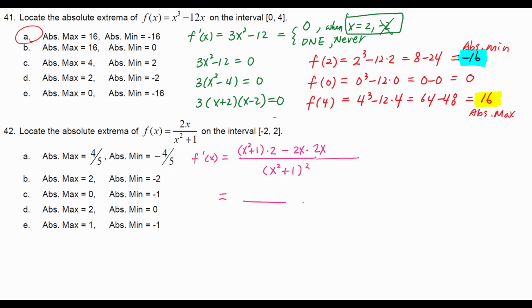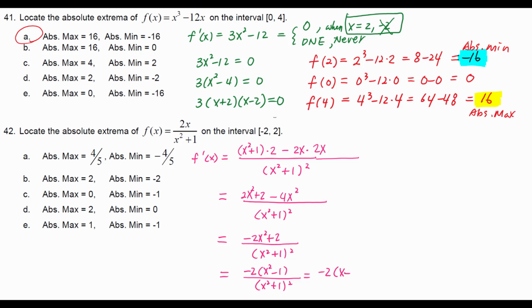Now simplify: I get 2x squared plus 2 minus 4x squared over x squared plus 1 squared, which is equal to negative 2x squared plus 2 over x squared plus 1 squared, which, when you factor out negative 2, gives x squared minus 1 over x squared plus 1 squared. So it factors as negative 2 times x plus 1 times x minus 1 over x squared plus 1 squared.